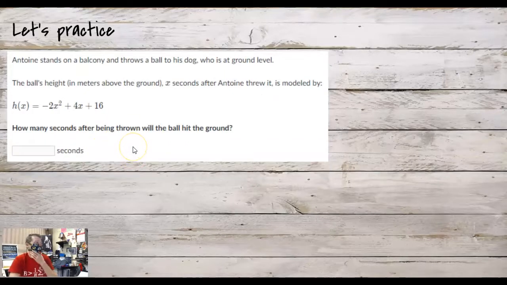What about this? Same function, right? What's it asking now? It's asking for a 0, and only one of them will probably make sense. So factor this. Find the 0. Is that a of x?